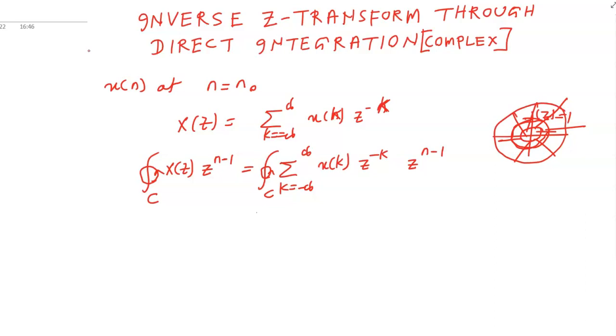As the Z transform is converging, X of z should converge in the ROC. ROC itself indicates the region of convergence. So we can interchange the summation and integration.